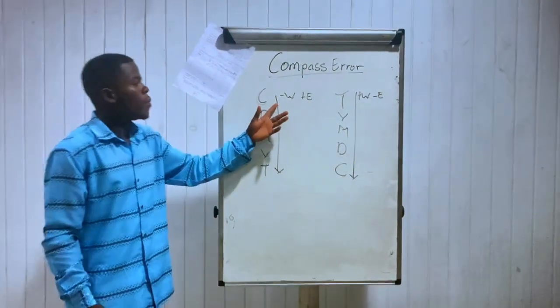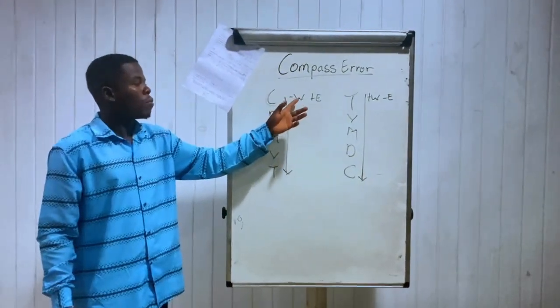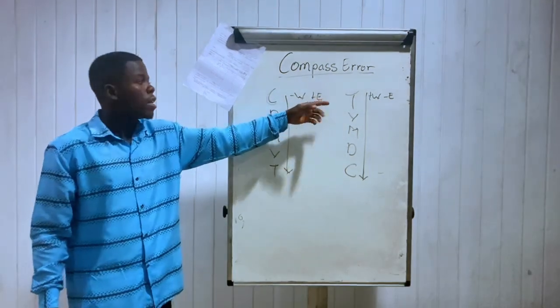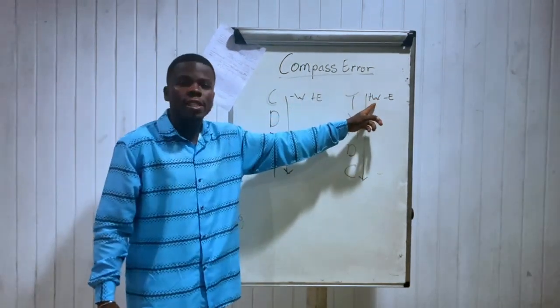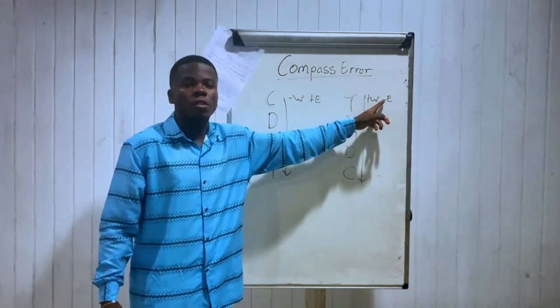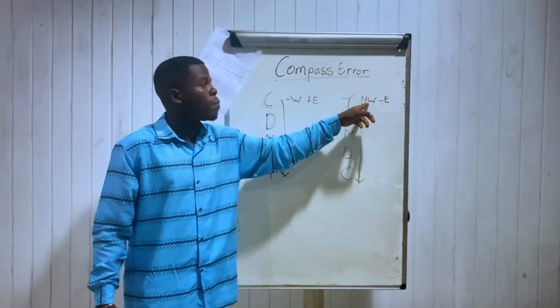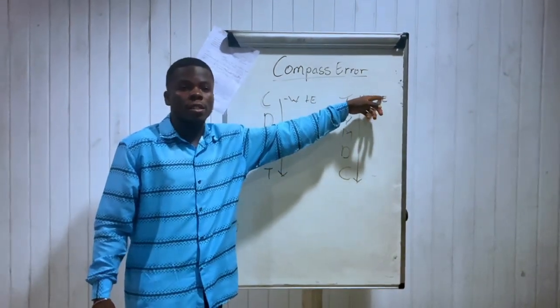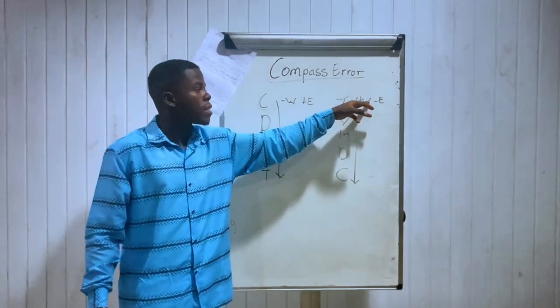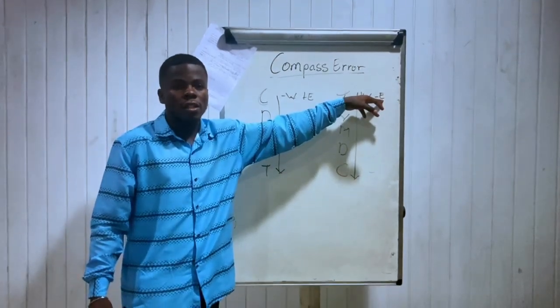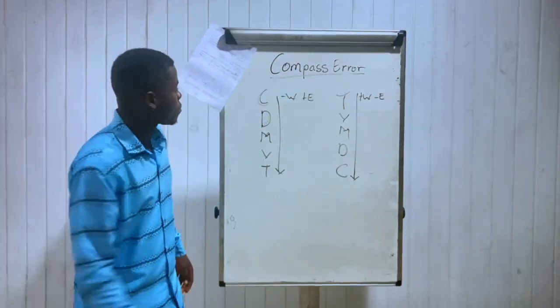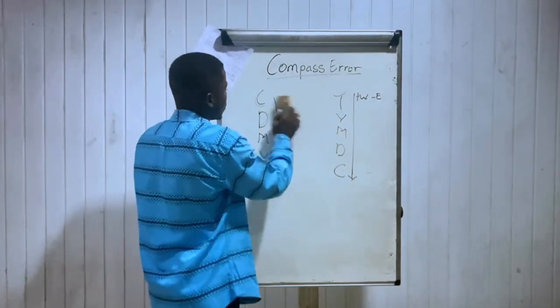So here we have minus west plus east, and here we have plus west minus east.